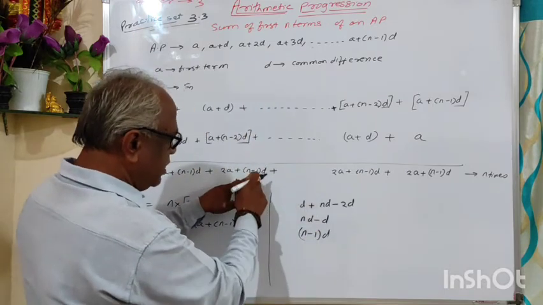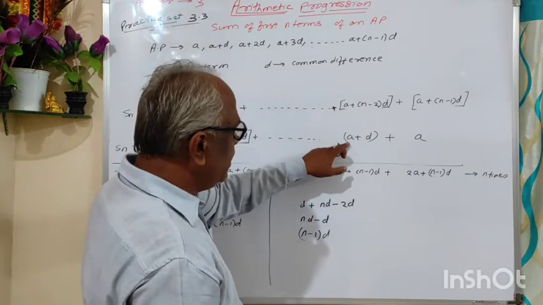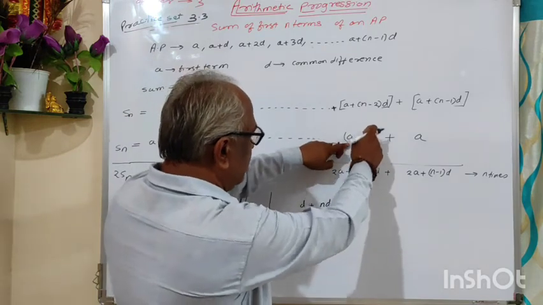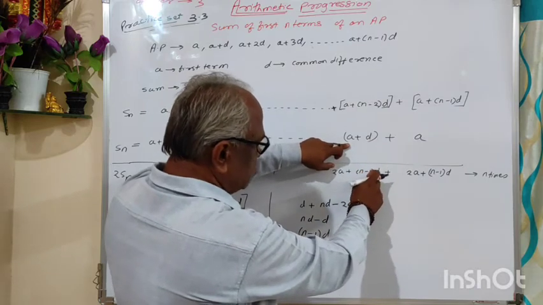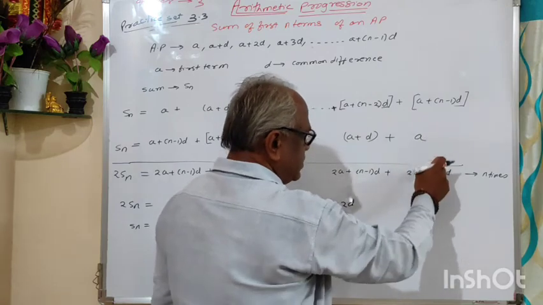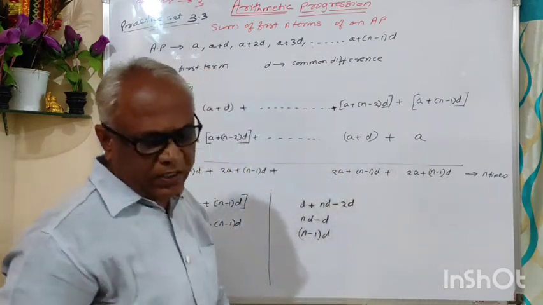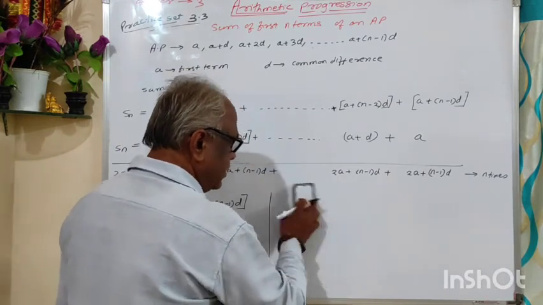This is how it came, as we have shown. Plus up to 2a plus (n minus 1)d. Here also the same method, you will get 2a plus (n minus 1)d. This we have seen now.